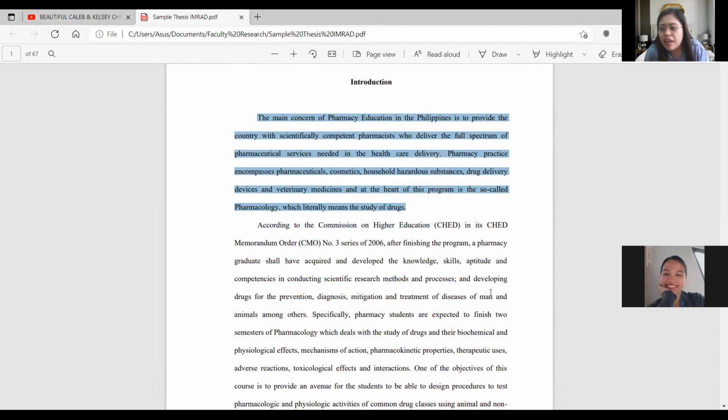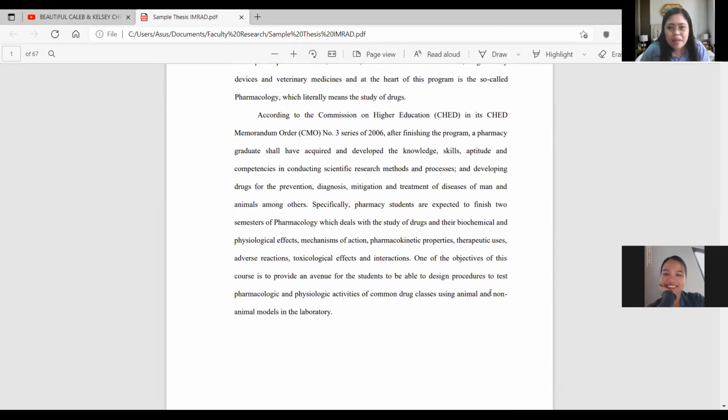So dili jud mo makakita og citation diri ha. And then the second paragraph, naa na siya actually citation pero it's a different format. It's not really a parenthetical citation. Kasi my citation here is the CHED Memorandum CMO number 3 series of 2006.